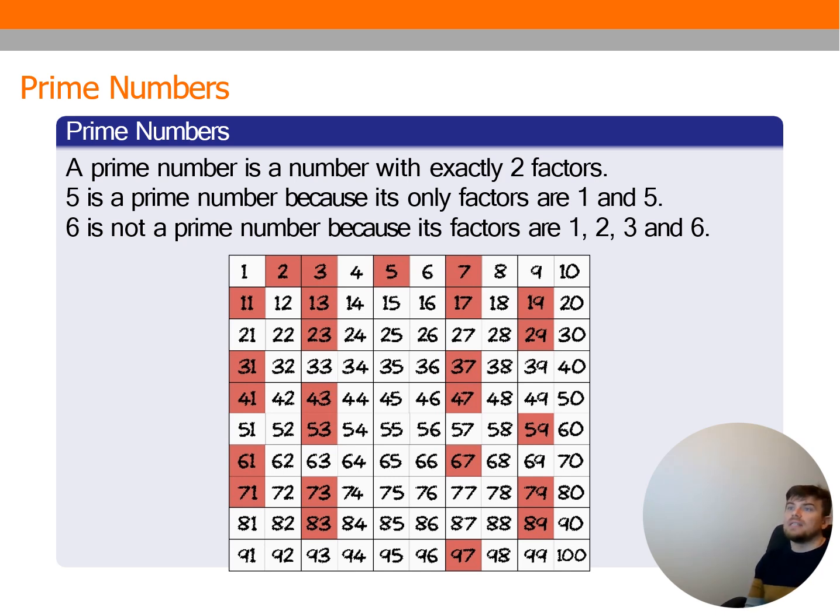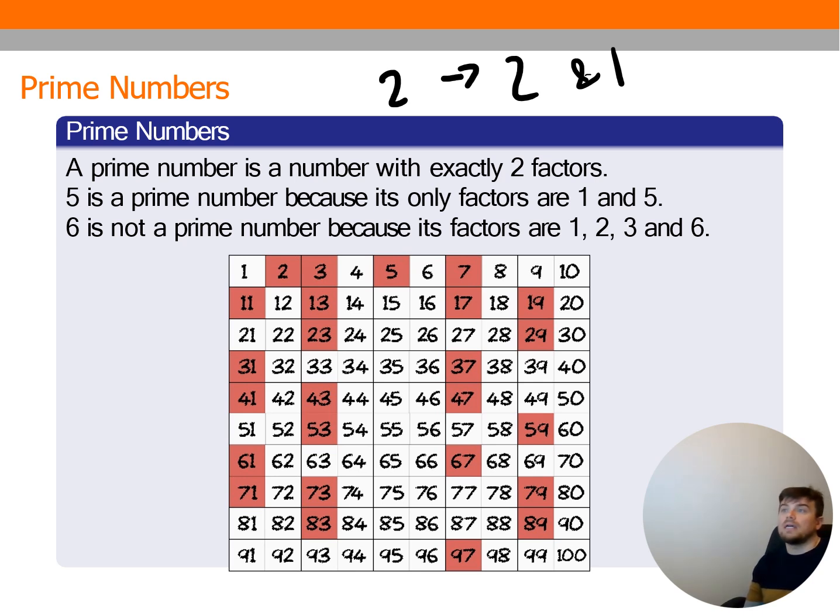And what you'll notice here is every even number, apart from 2, is not a prime number. 2 is the only one, because 2 only has itself and 1. For the rest, these are all odd numbers.